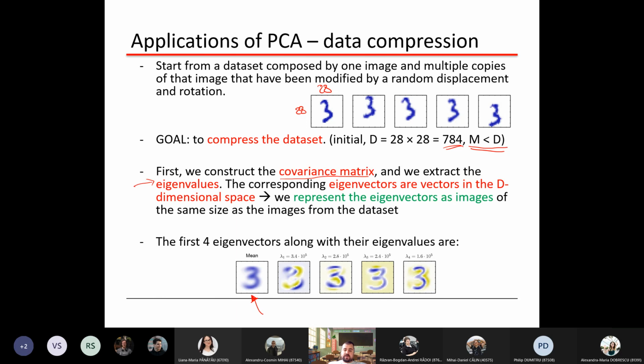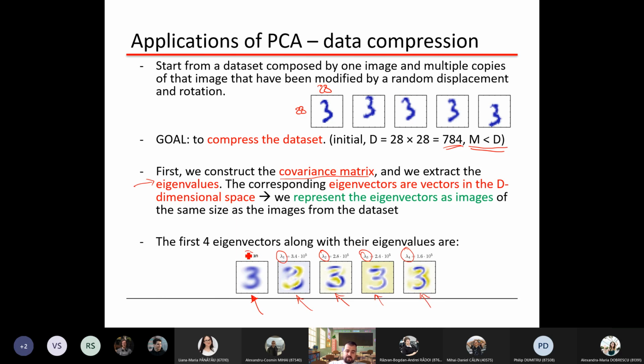And if the eigenvectors are in the d-dimensional space, it means that we can represent these eigenvectors as images of the same size as the initial images from the dataset. Here we have the top four eigenvalues, and below each eigenvalue, we have the corresponding eigenvector.